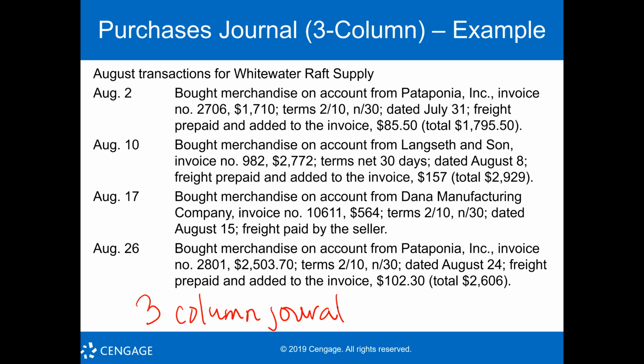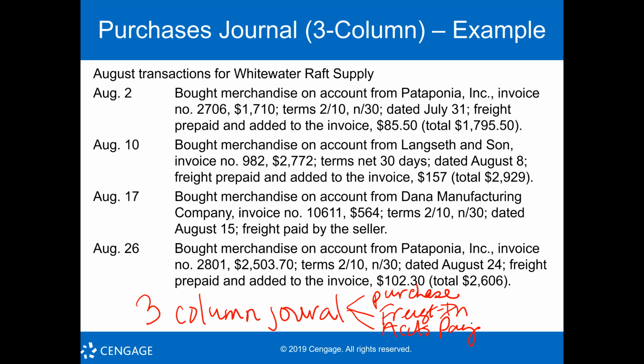And so we're going to have a column for purchase amount, a column for freight in, and then a column for accounts payable.